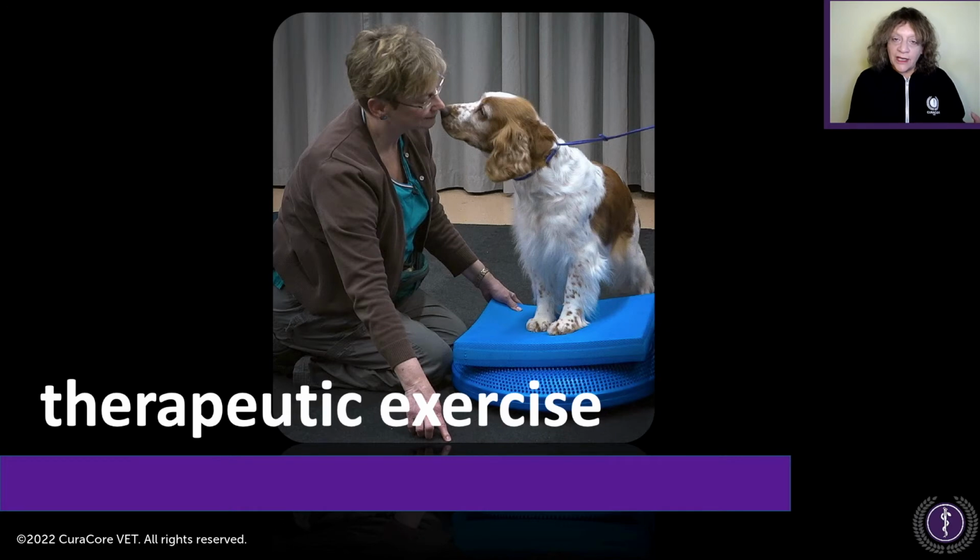And then we have therapeutic exercise, which you have to know how to do properly, because if you're just in a sort of assembly line kind of rehabilitation context, then you could easily be over-exercising animals or having them pursue movements that are not good for them or they are not ready for.